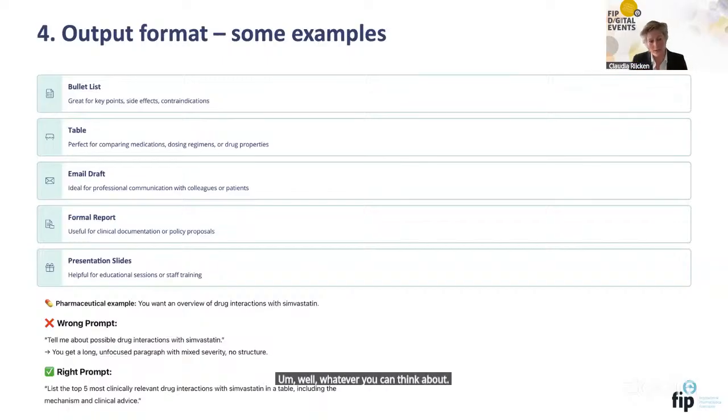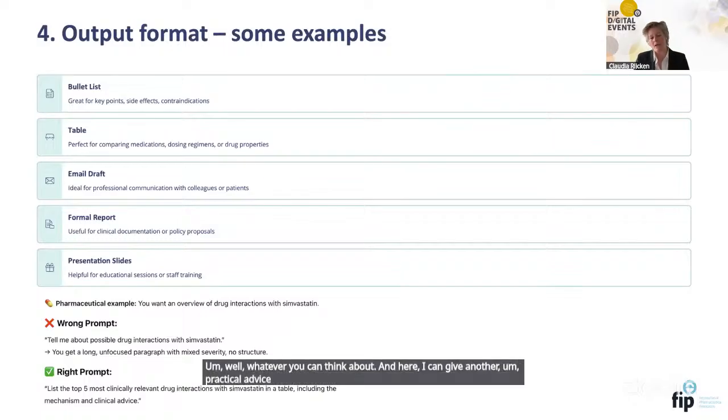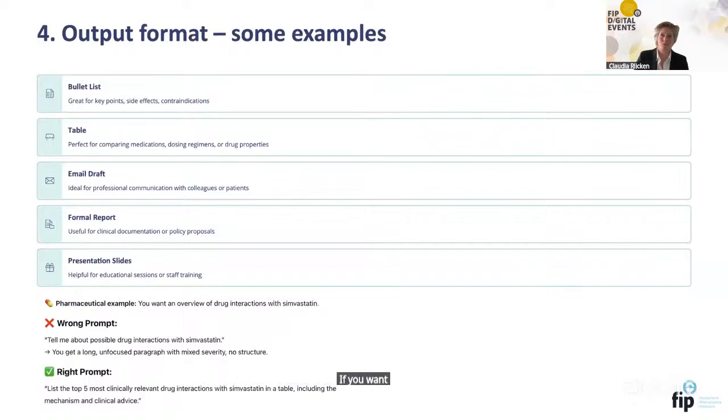And here I can give another practical advice. If you want to have your prompt helping you with drafting emails, it makes sense to train your LLM in what your best outcome looks like.